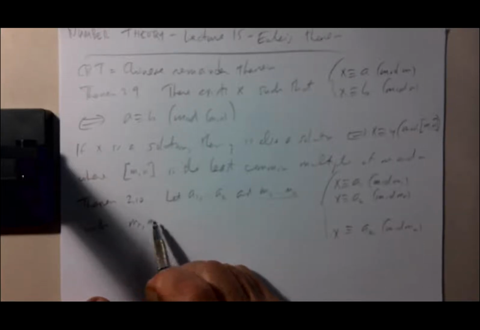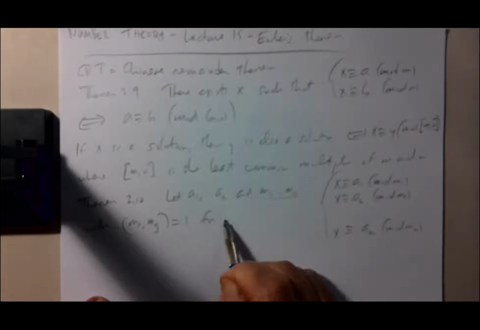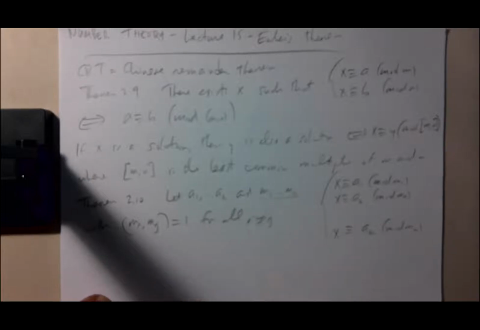So the greatest common divisor of mi and mj is 1 for all i different from j.